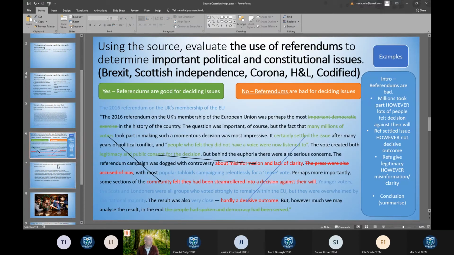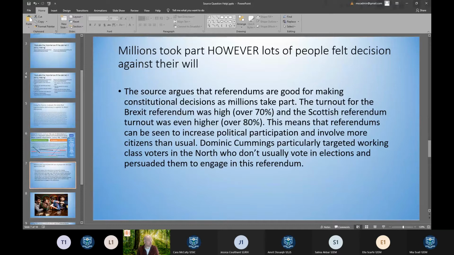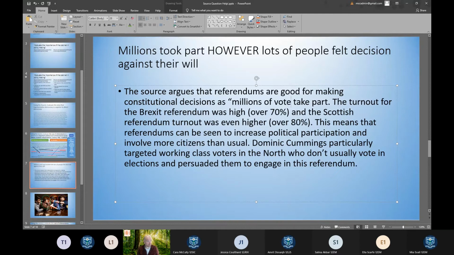Now, let me just have a look back at the source to make sure I'm happy with how I've done that. The fact that many millions of voters took part, membership of the EU. I think I could actually turn that into a quote as millions of voters take part. Now, I think when you're doing a source question, if you can put quote marks around something to address from the source, it's a really good idea, because it shows that you are using the source in your argument.